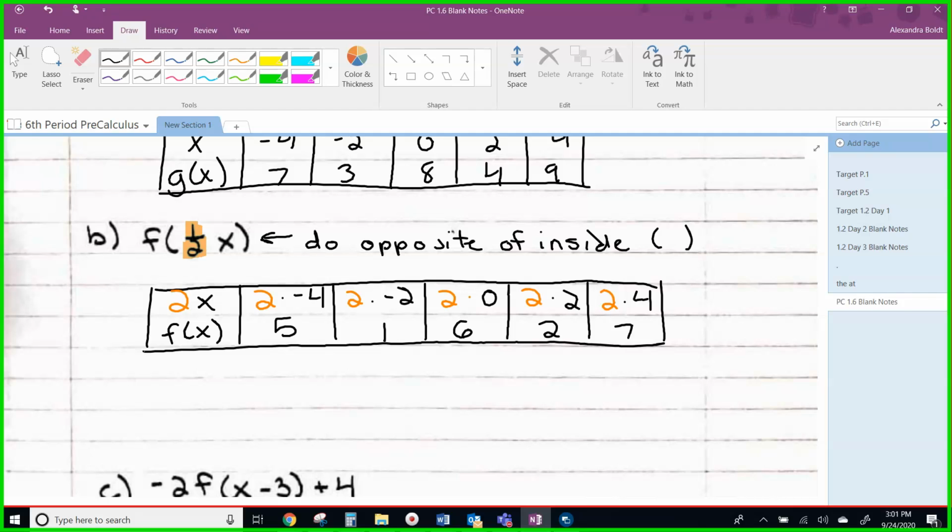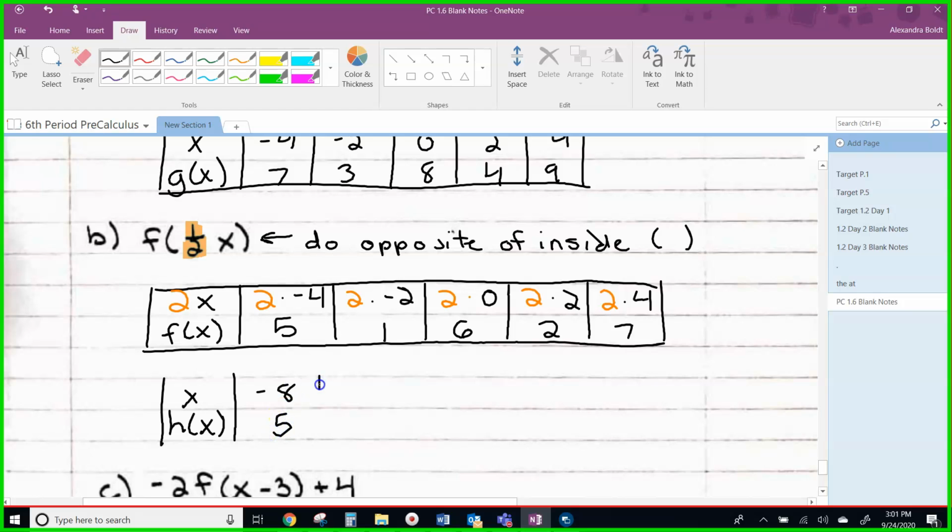So for my new function, I'll call this x, and h of x will be the name of my new function. Well, 2 times -4 is -8 and 5.